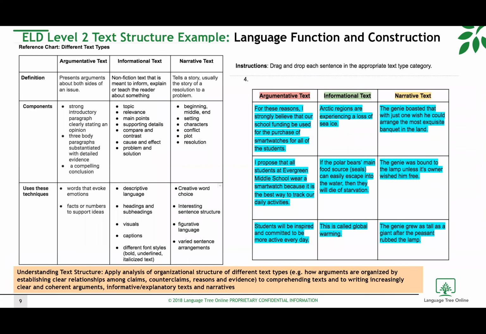And then lastly, when we look at language function and construction, you're going to see we do provide a lot of different ways for them to understand, whether it's text structure, text types, examples, drag and drop, but things that we really wanted to contextualize for our students. And really break it down. These are the very things that our students, based on our research, are struggling with in other content courses.